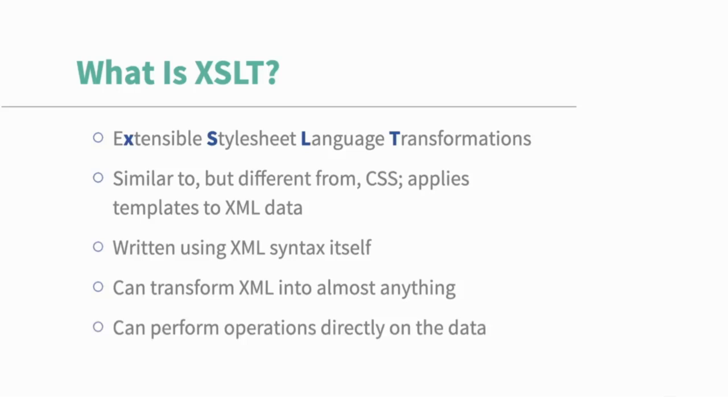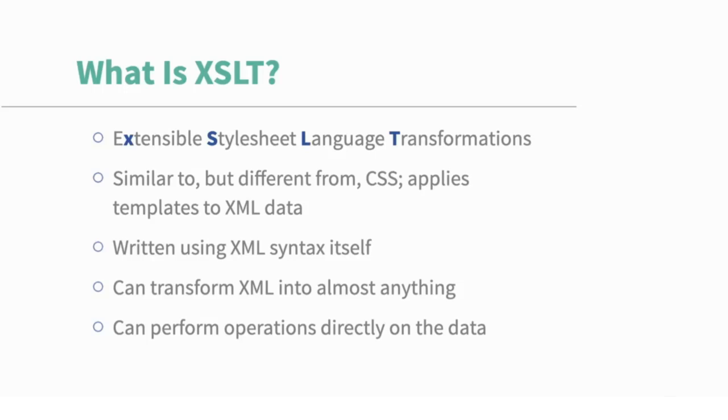XSLT can also perform logical operations directly on the data. So things that might take time working with the DOM, for example, generating numbered lists or sorting information, that can just be done pretty easily directly in XSLT. XSLT is a pretty complex subject and could probably fill an entire course just on its own.